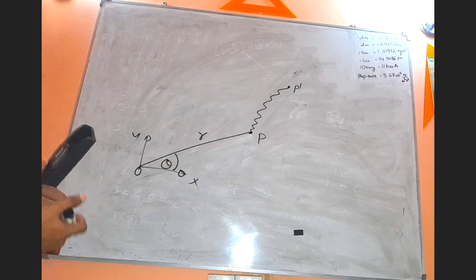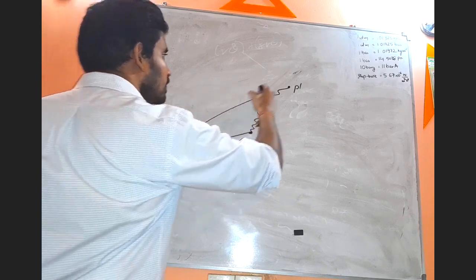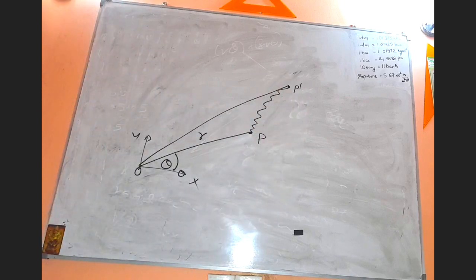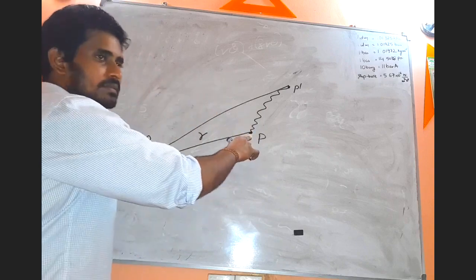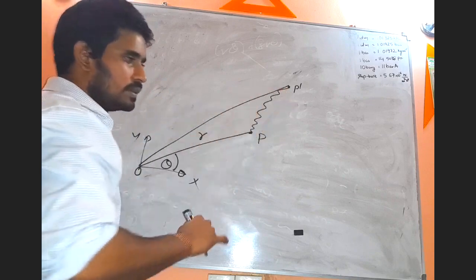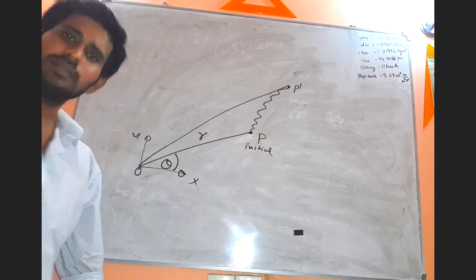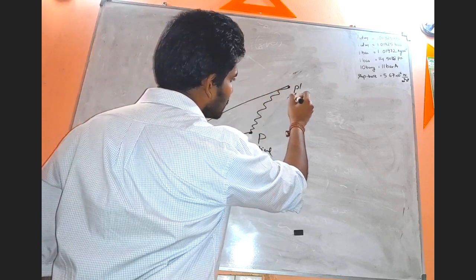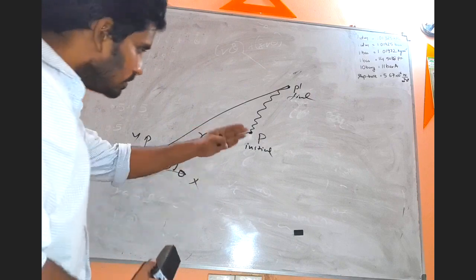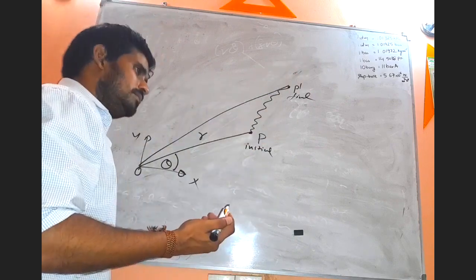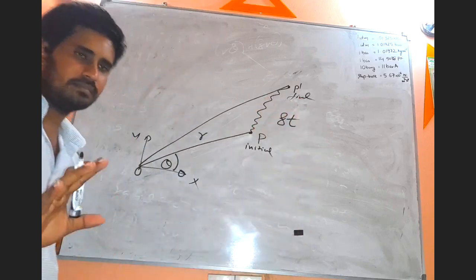So now I am going to connect this origin to the final position, R. Now this particle moves from here to here, such that this is the initial position and this is the final position, within a time gap of delta t.